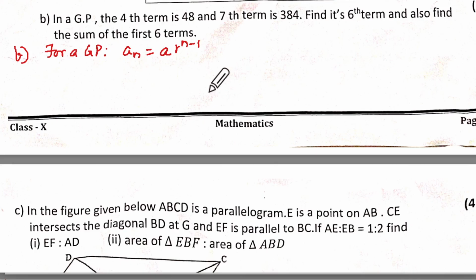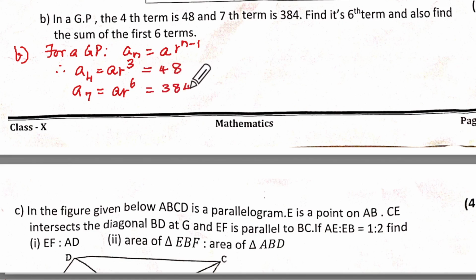Then the 4th term, A4 will be AR to the power 4 minus 1, which is 3, equal to 48. 7th term A7 will be AR to the power 6, which is 384.